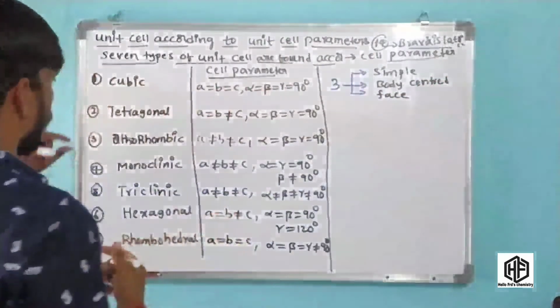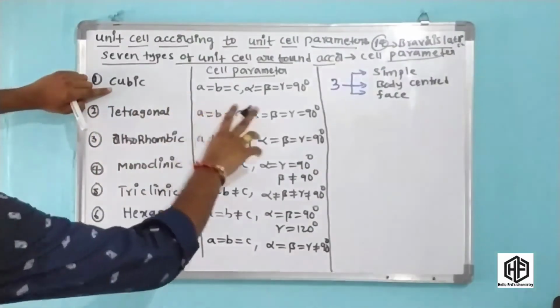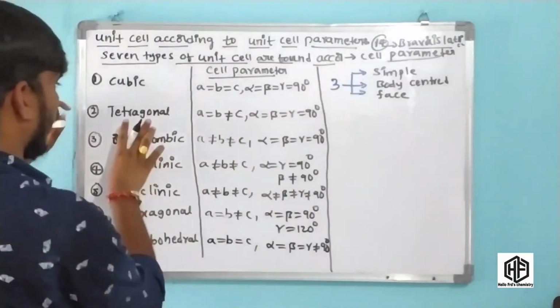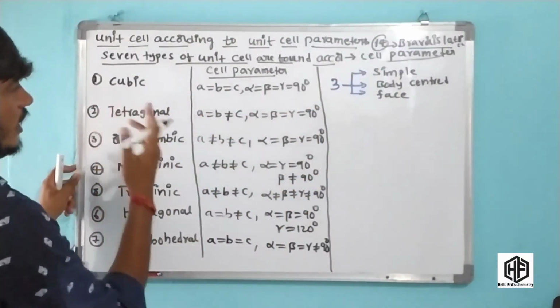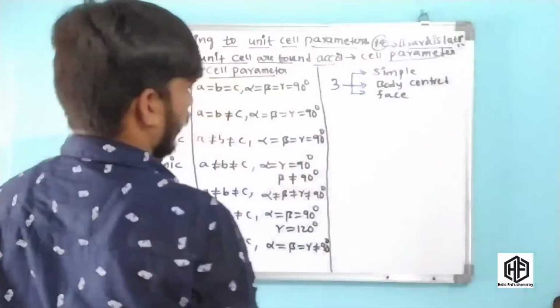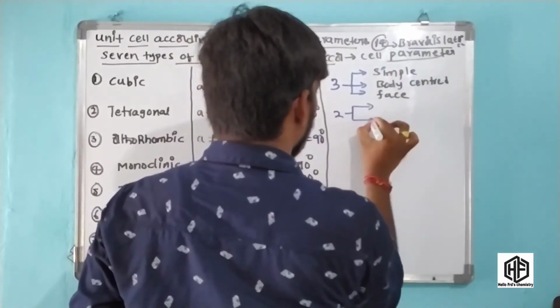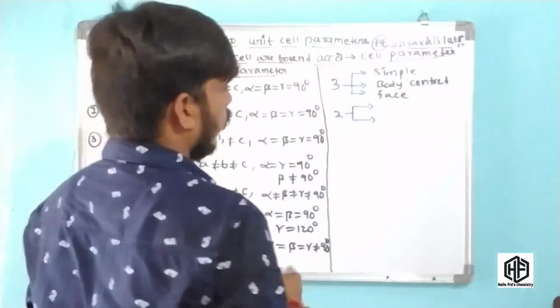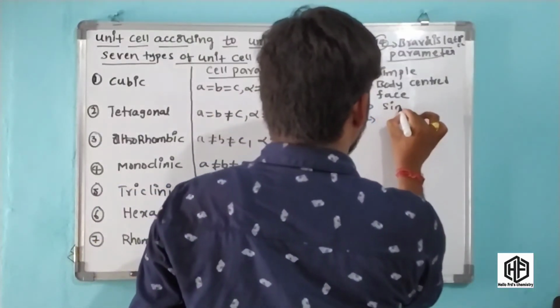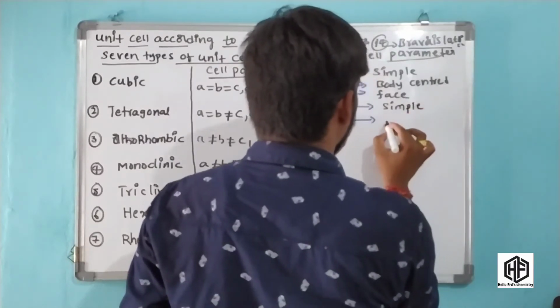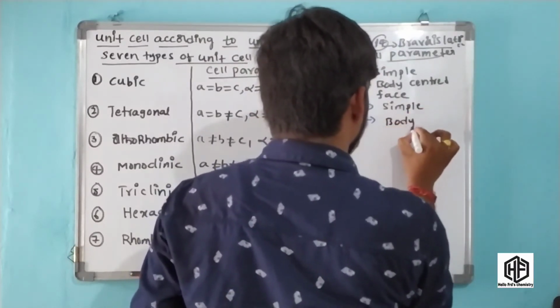And tetragonal is classified into 2 categories: one is simple unit cell and another one is body centered unit cell.